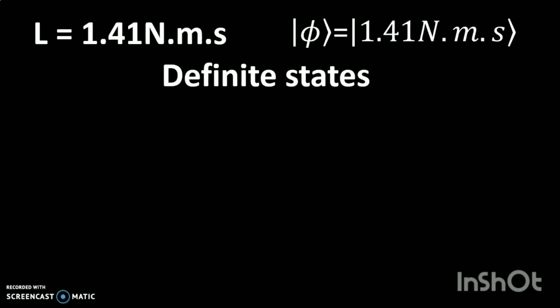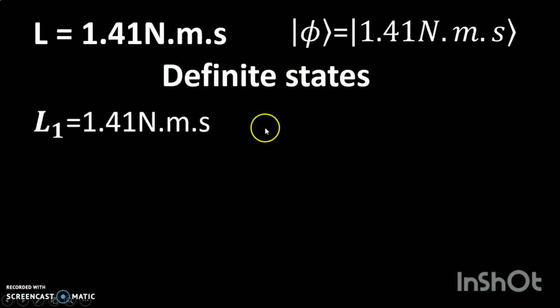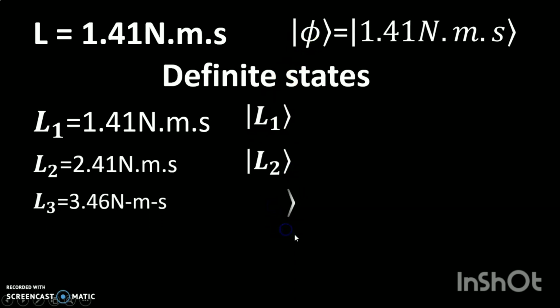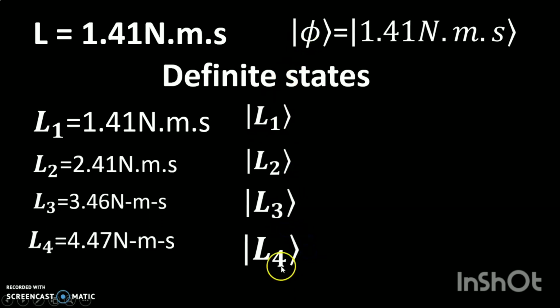So what we have is a list of possible measured values and associated kets representing states that definitely have them. We call these special states definite states.